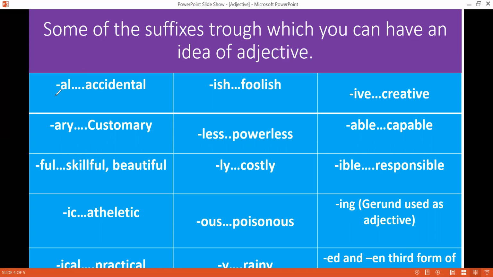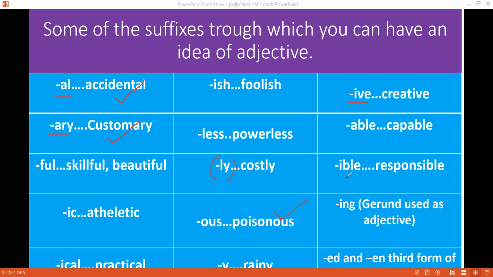Some adjectives end with -al, like accidental; -ary, like customary; -ful, like skillful and beautiful; -ic, athletic; -ish, foolish; -less, powerless; -ly, costly. Ly is not always an adjective. Be very careful, ly words are also adverbs. -ous, poisonous; -ive, creative.